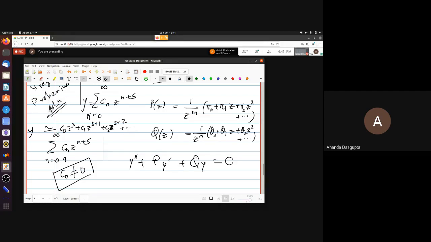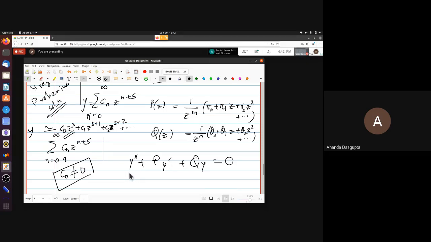The lowest power must come from the first term, because if another term gave you a power, this one would have given you one lower, always. Whatever terms you get, the lowest power will originate from c0 z to the s, and then of course you differentiate and so on.